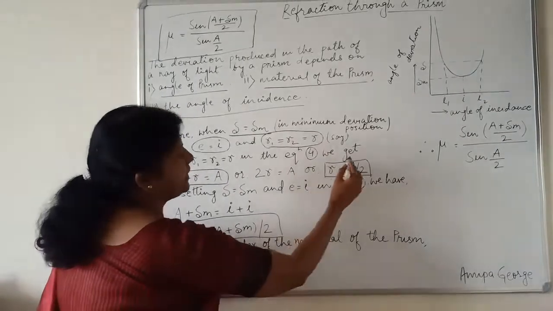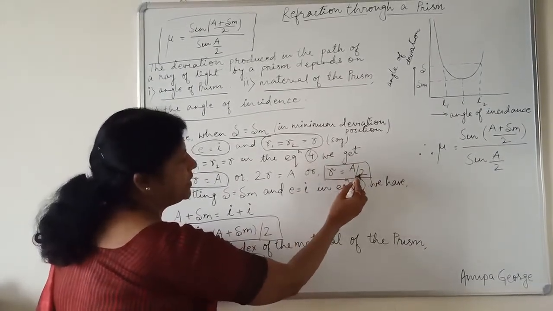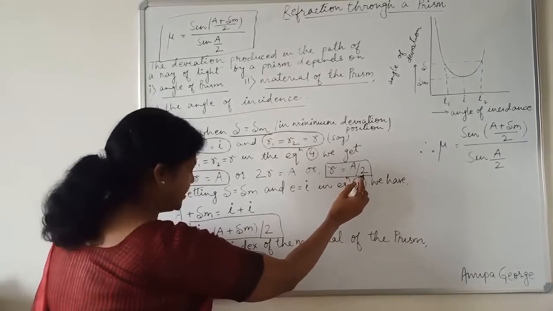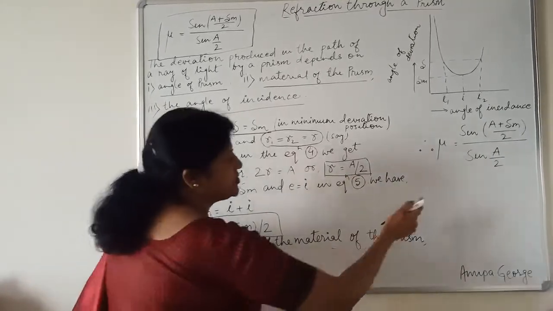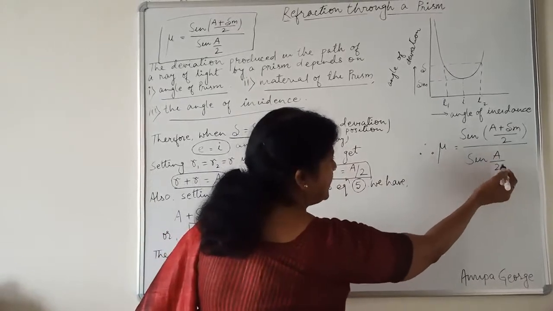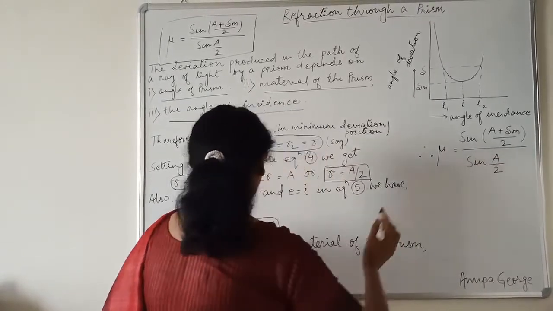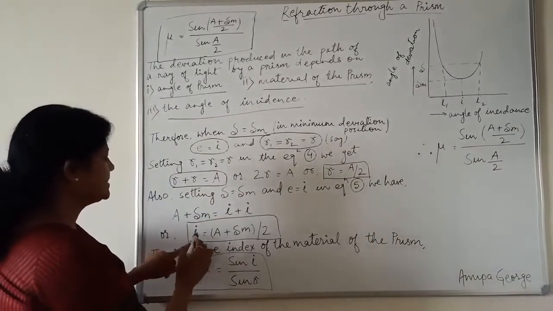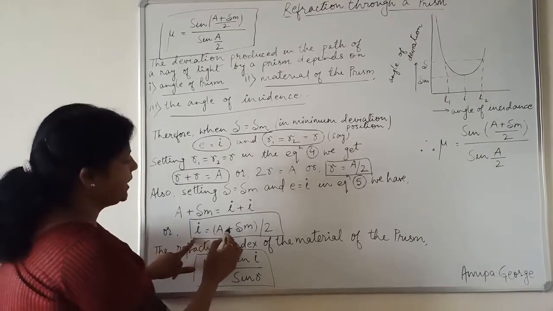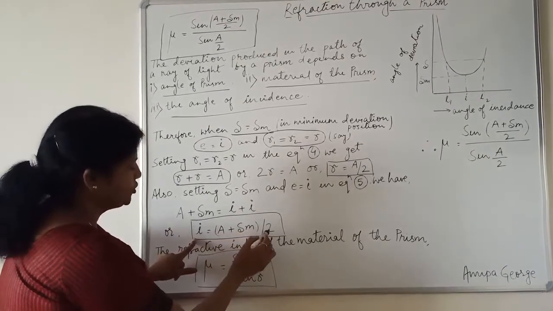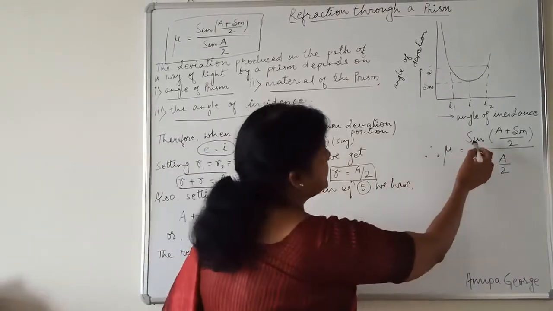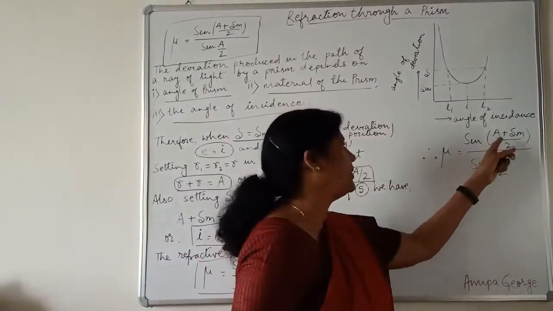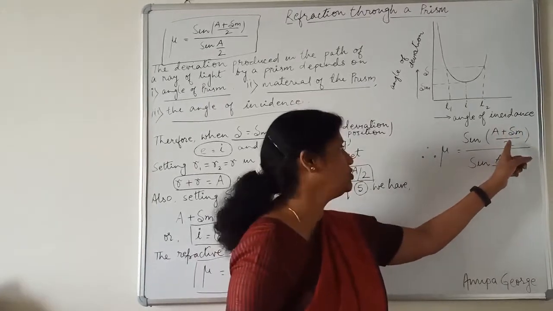Here we are getting R is equal to A upon 2, so for sine R we substitute sine of A divided by 2, and I is equal to A plus del m upon 2, so for sine I we write sine of A plus del m upon 2.